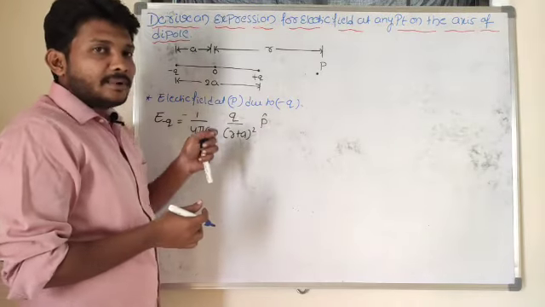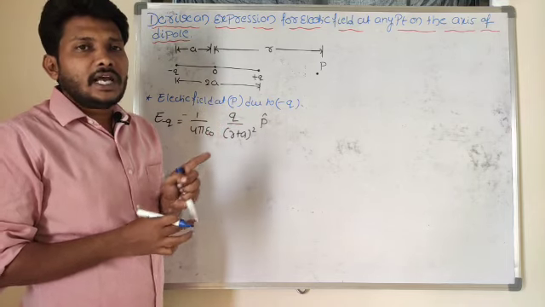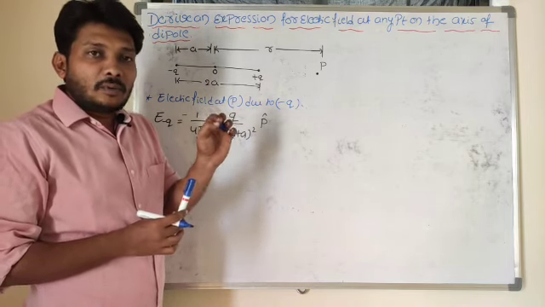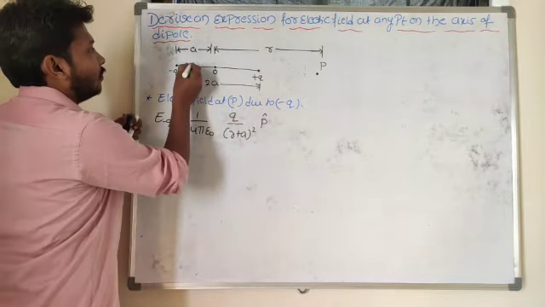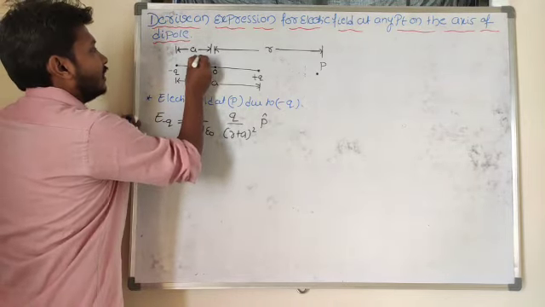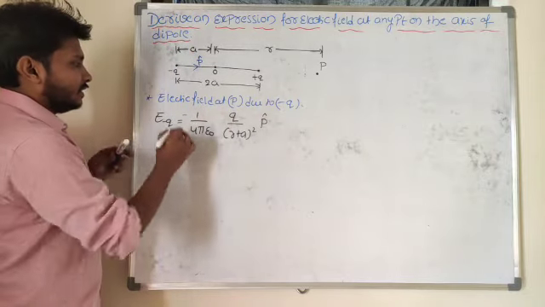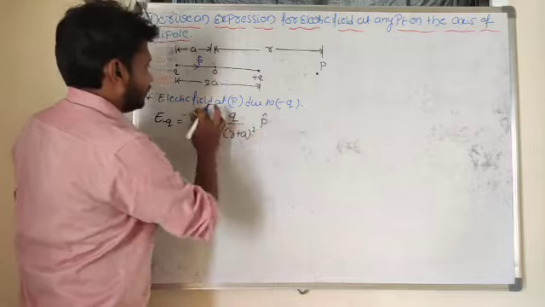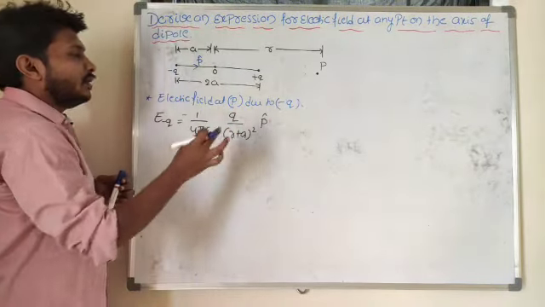Here p cap represents the direction of the dipole moment. The direction of the dipole moment is from negative to positive. So this is the equation for the electric field strength at point P due to the minus q charge.